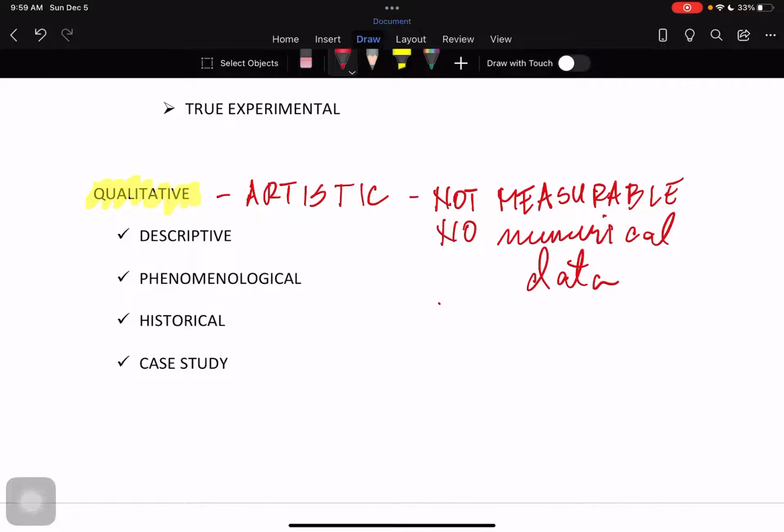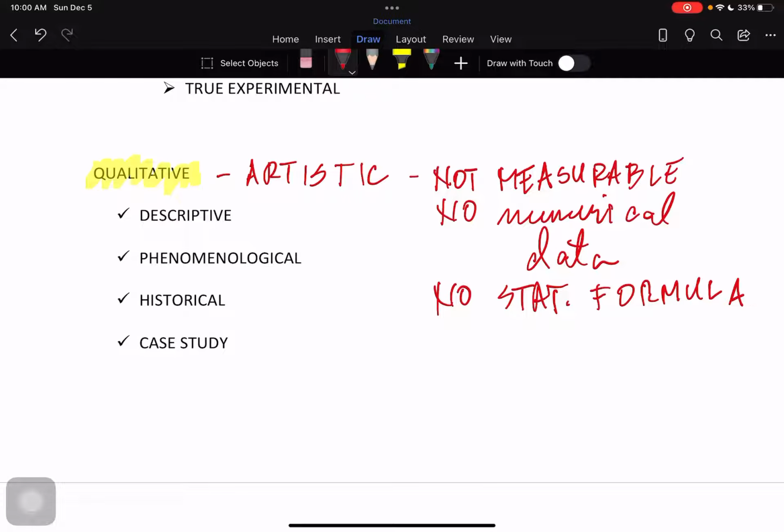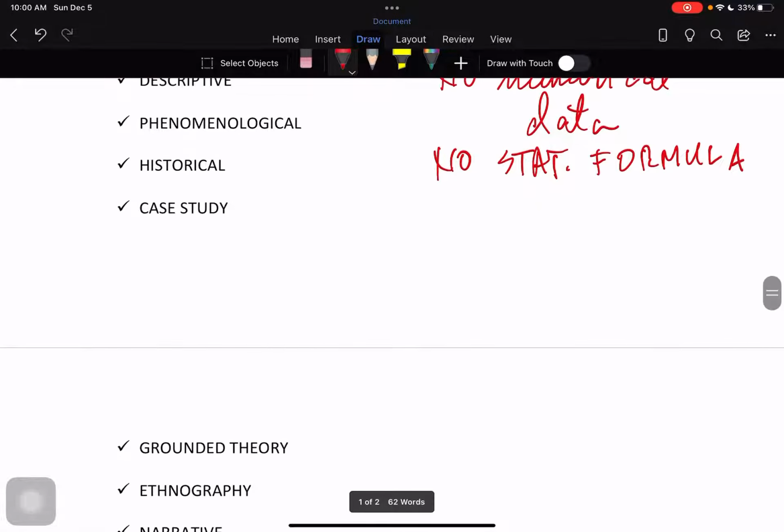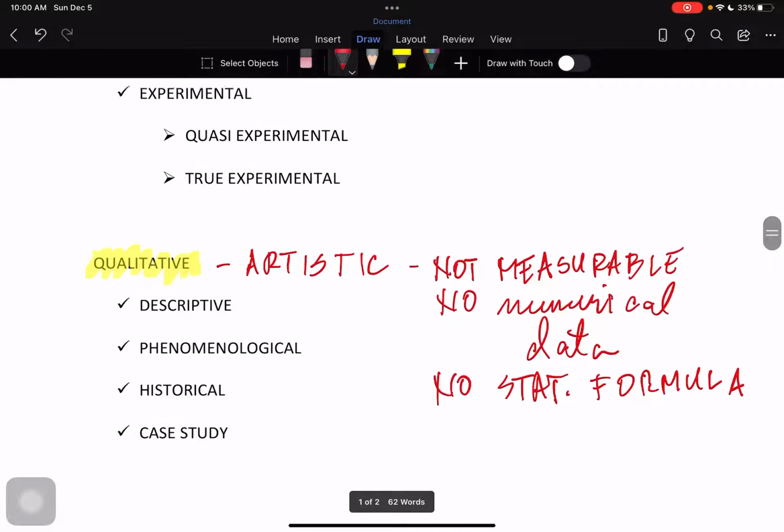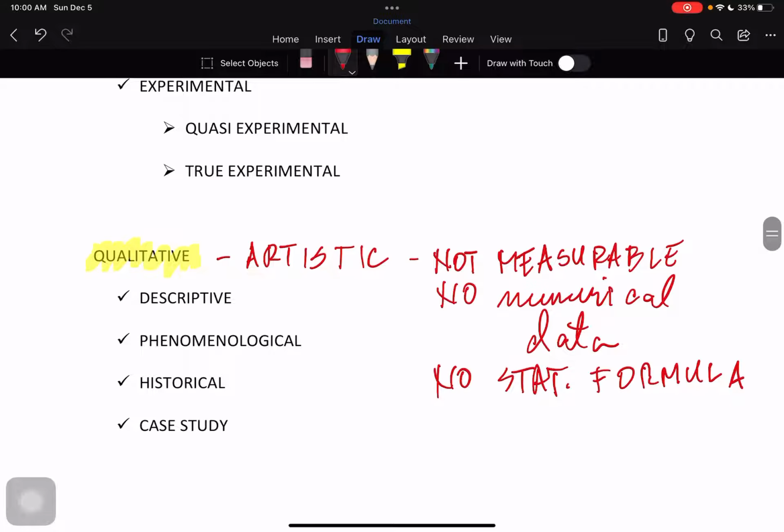And therefore, there is no statistical formula used under qualitative research. Okay, so qualitative research basically focuses on experiences. Okay, aside from those, we have these examples later on. We're going to discuss what else can be done under the qualitative research method.